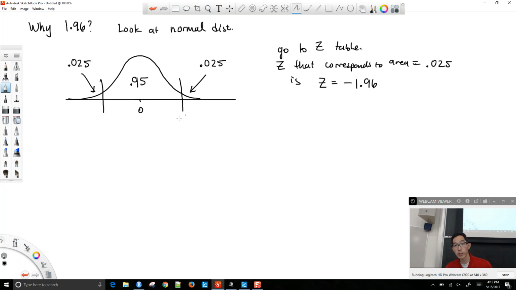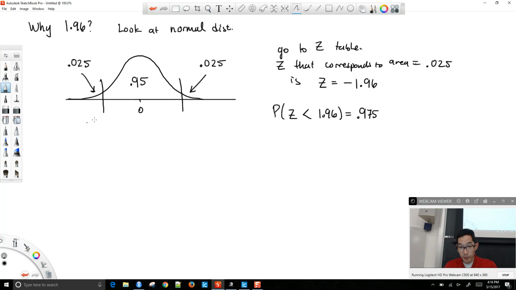And likewise, if I look up positive 1.96, I'm going to find area to the left equal to 0.975, meaning the area up here is 0.025. Okay, so z is basically plus or minus 1.96. So if I look up probability that z is less than positive 1.96, that gives me 0.975, which also corresponds to 2.5% there.